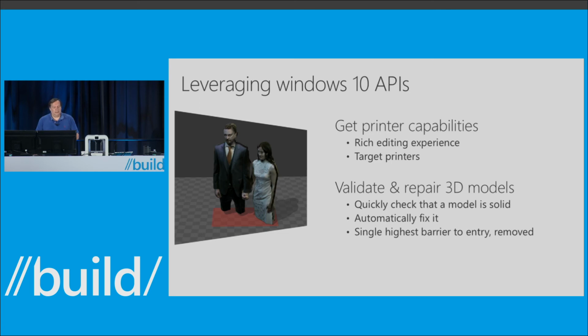We also are putting validate and repair tools in the box, because one of the big problems is that models aren't printable. It is best for an advanced application, not one printing toys or where you don't care so much about your shapes being modified.